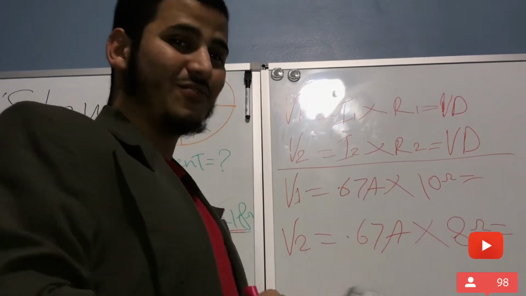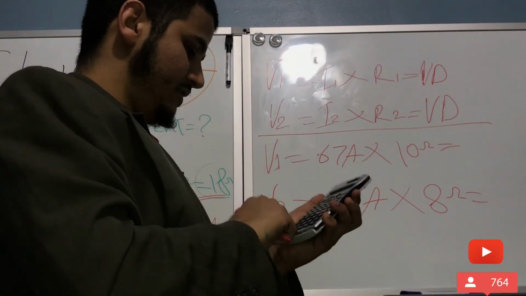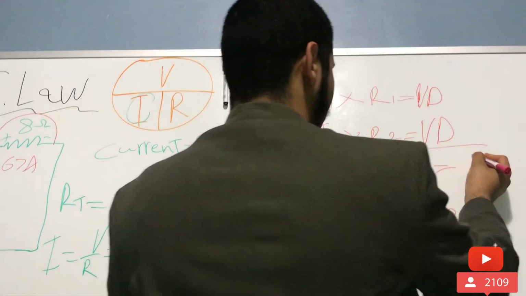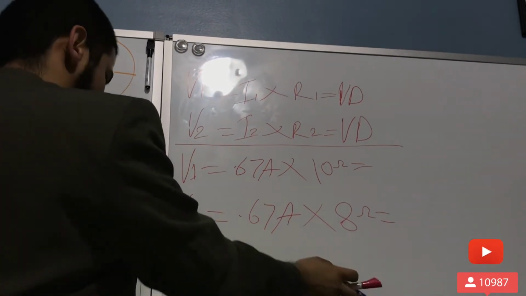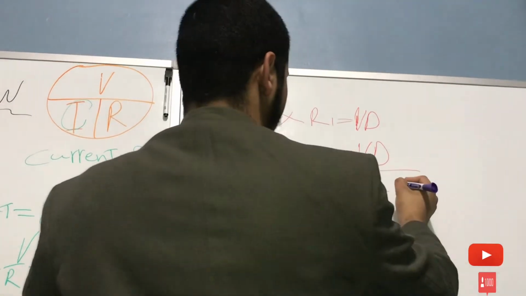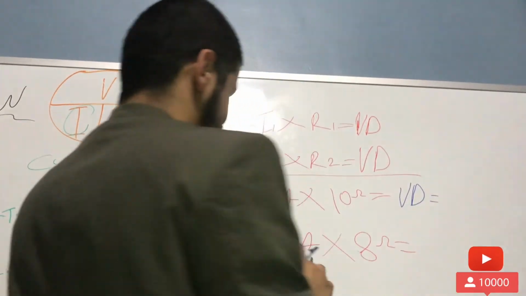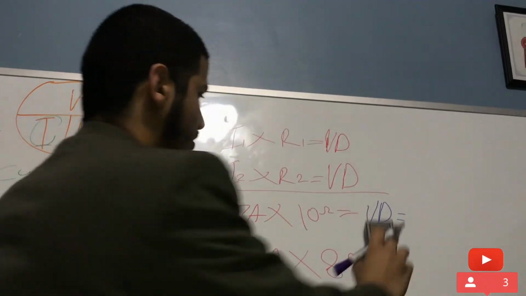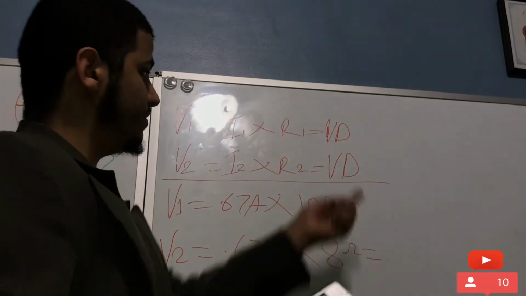All right, I'm going to prove it. Let's do it. 0.67 times 10. I get 6. Let me use a different color to make it clear for you. I'm not going to put the VD, which is the volts drop, because it's already here.